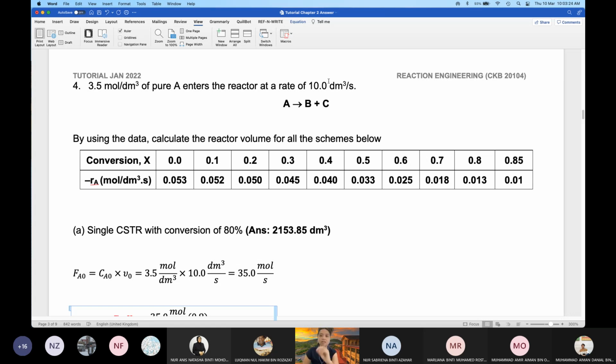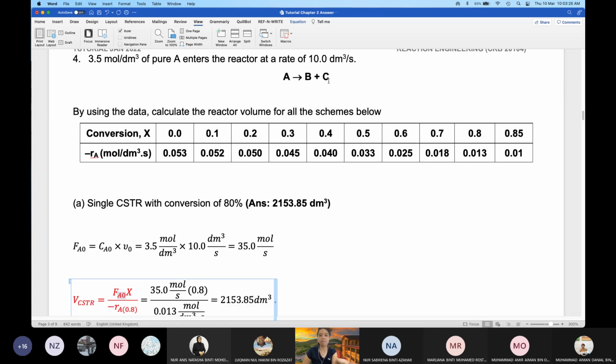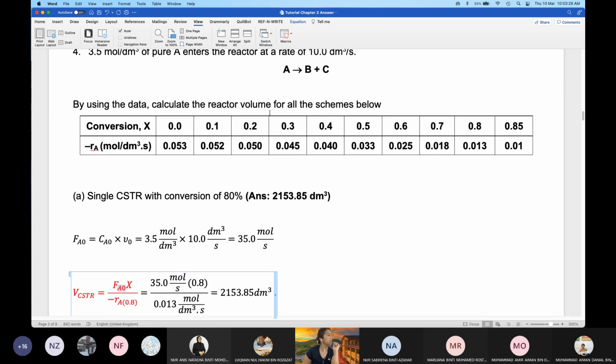Wrong. Okay. So then maybe you remember, they gave us CA0 and V0. So there is a correlation between FA0, CA0 and V0, because FA0 is equal to CA0 multiplied by V0. So you multiply your CA0, 3.5 mole per dm cube, by your volumetric flow rate, 10 dm cube per second.